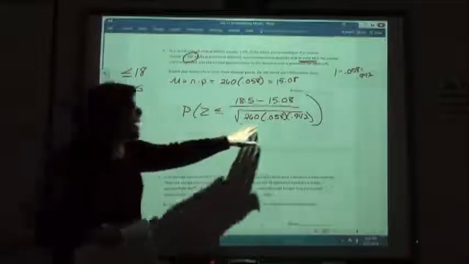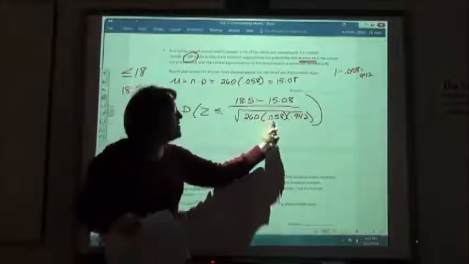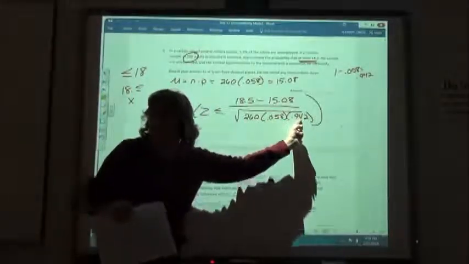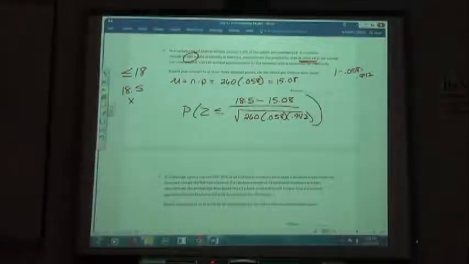So then on our bottom formula, we took N times P times that 1 minus P value, trying to make it the easiest to type in without having to round. So we're just going to start with the P of Z. We don't have to do 1 minus on this one, because it's a less, not a greater.